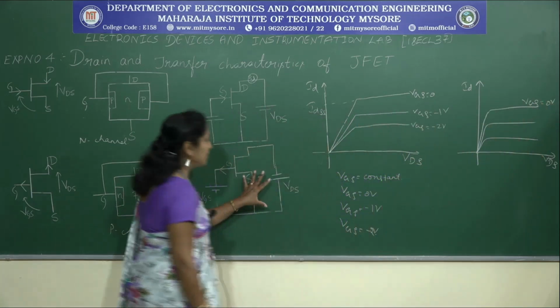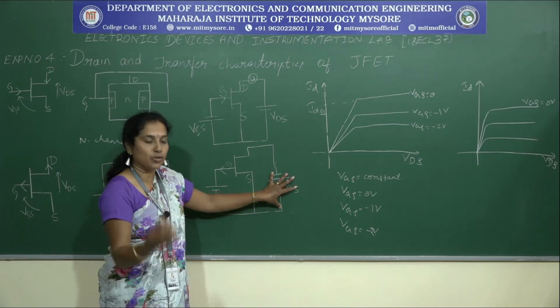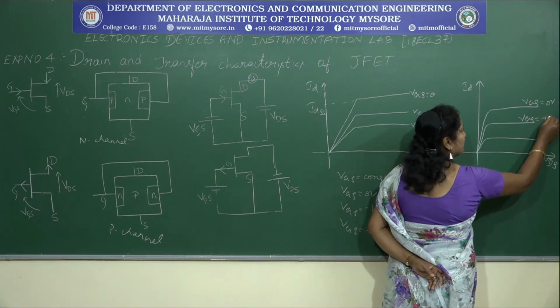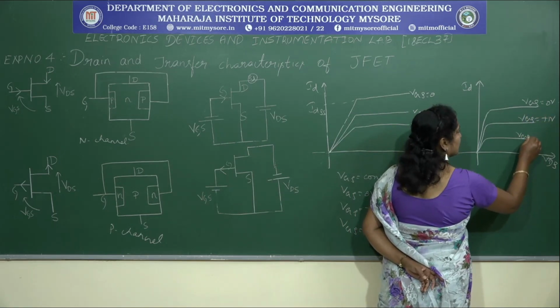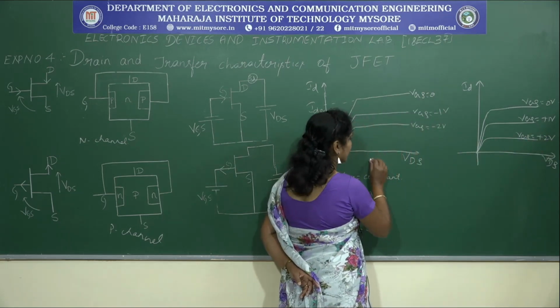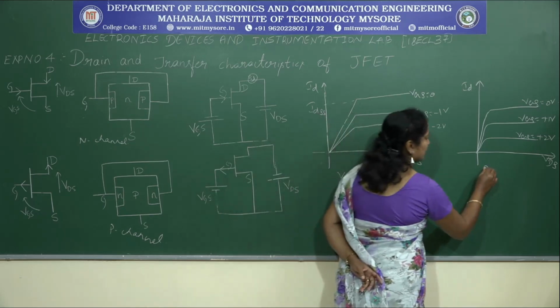In the P channel JFET, VDS is applied in the positive direction. Here VGS is equal to plus 1 volt and VGS is equal to plus 2 volts. The same characteristic: this is for N channel and this is for P channel.